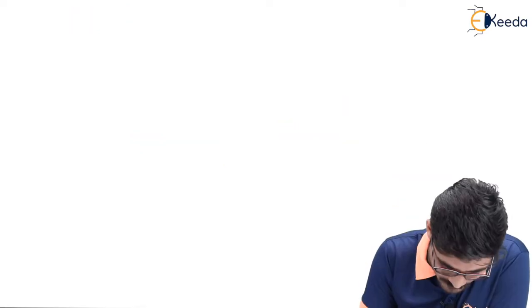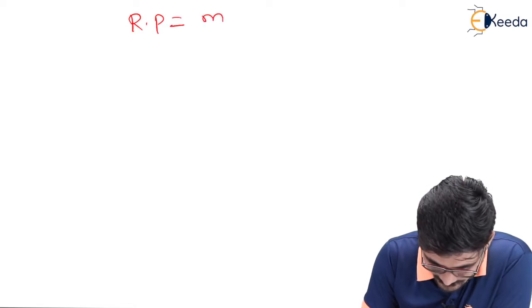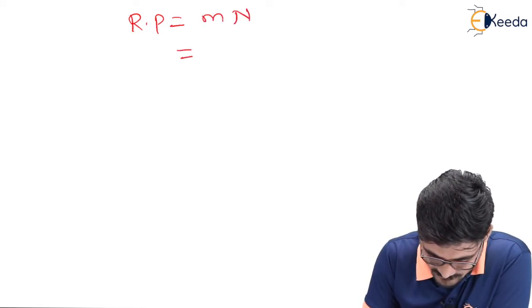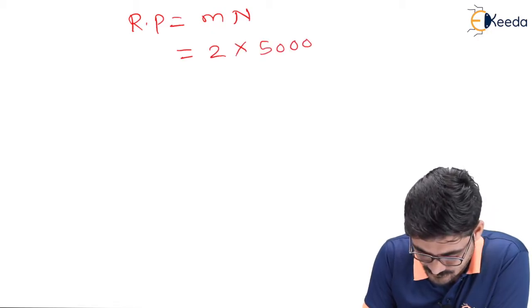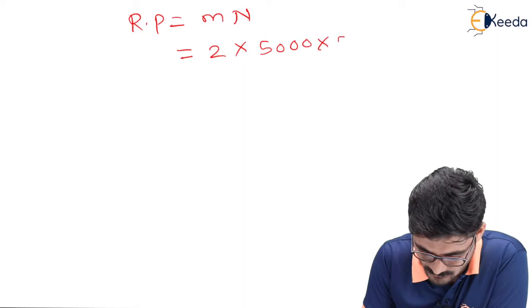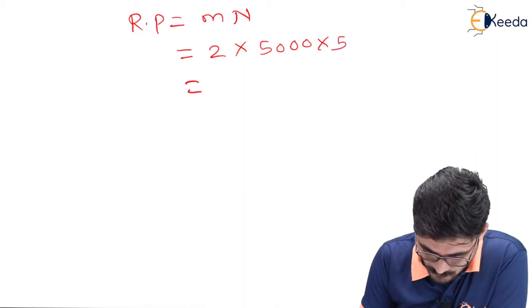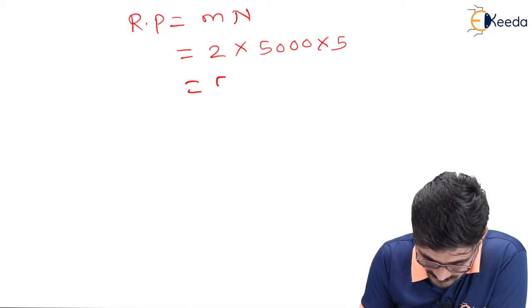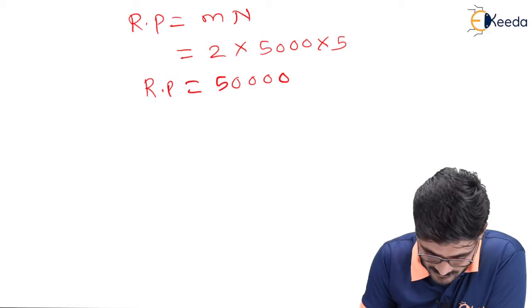So let's calculate it. Your resolving power is order into number of lines. What is the order? Second order is given. What is the number of lines? 5000 per centimeter, and in total it is 5 centimeter of width. So we have 2 fives are 10, into 5000, it will be 50,000, the resolving power.